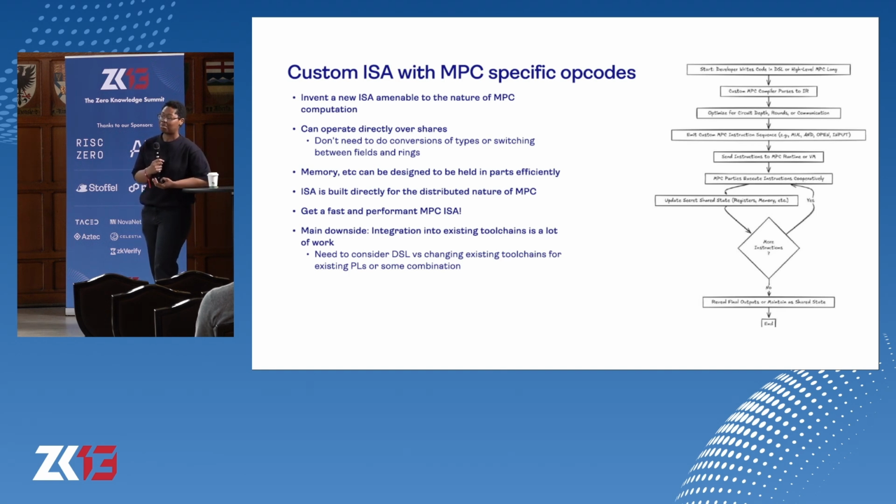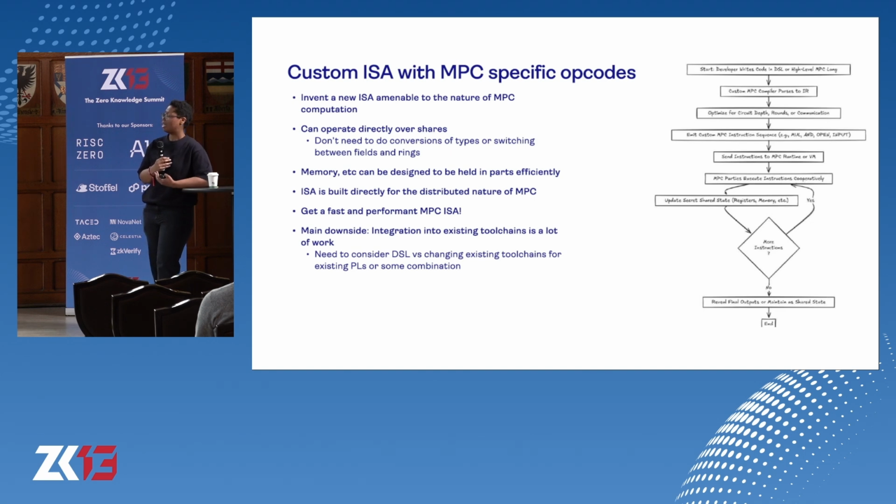The nice thing about being able to do this is you can take into account the distributed nature of MPC and ensure that all the machines that implement this ISA only hold part of the state and are able to directly communicate with each other in order to do the computation. But the main downside is that you're inventing a new computer, and so you need new tooling to make that work.